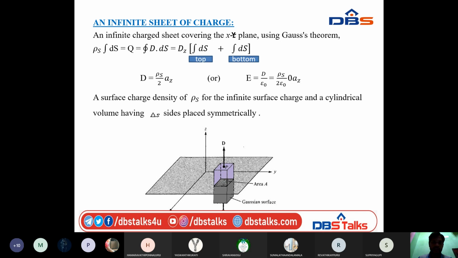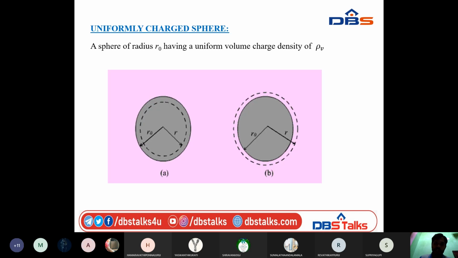In that we saw finding the electric field intensity due to a finite line as well as an infinite line, which is case one. Secondly, finding the electric field intensity due to an infinite sheet of charge. Today we will see the application of a uniformly charged sphere.